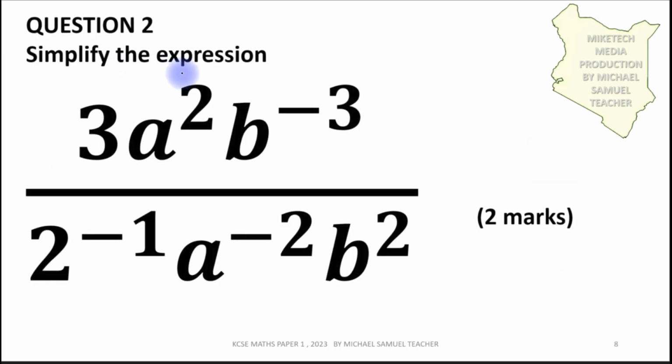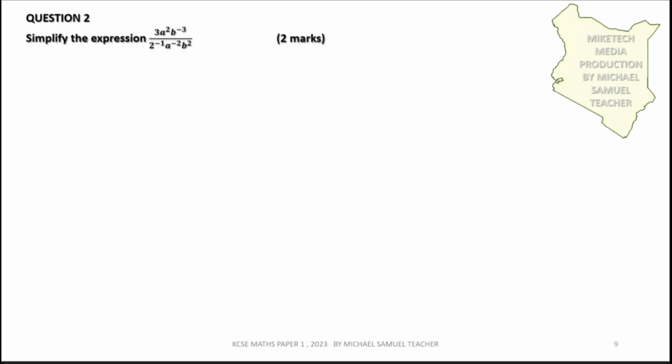Question 2, simplify the expression. We have 3a squared times b raised to minus 3, all over 2 raised to minus 1 times a raised to minus 2 times b raised to 2. The same way, let us work out the numerator and then the denominator.